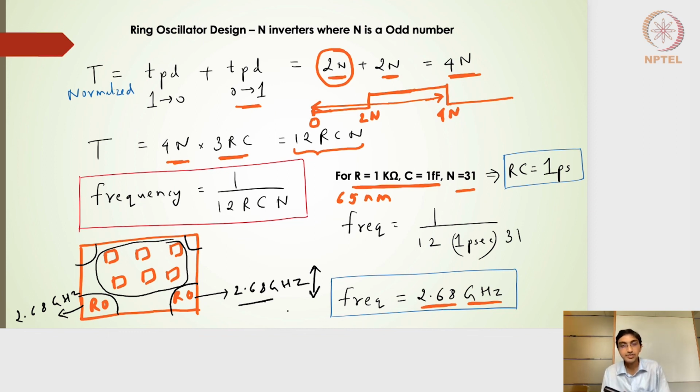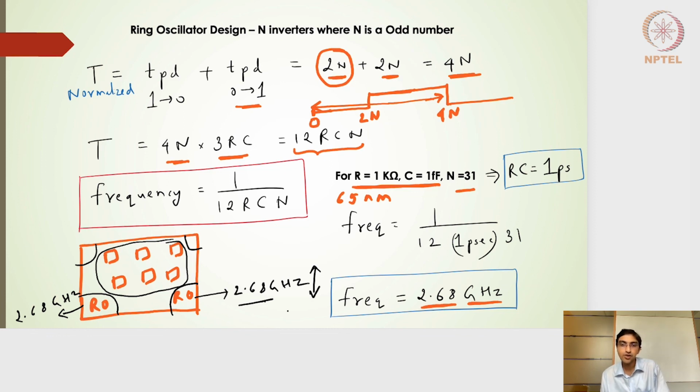The other aspect of the ring oscillator is that it provides a kind of clock frequency. A frequency of 2.68 can be self-generated by the circuit without any external source. So sometimes the ring oscillator is used if you want not only one clock but a different clock, and it can be generated well within the circuit.